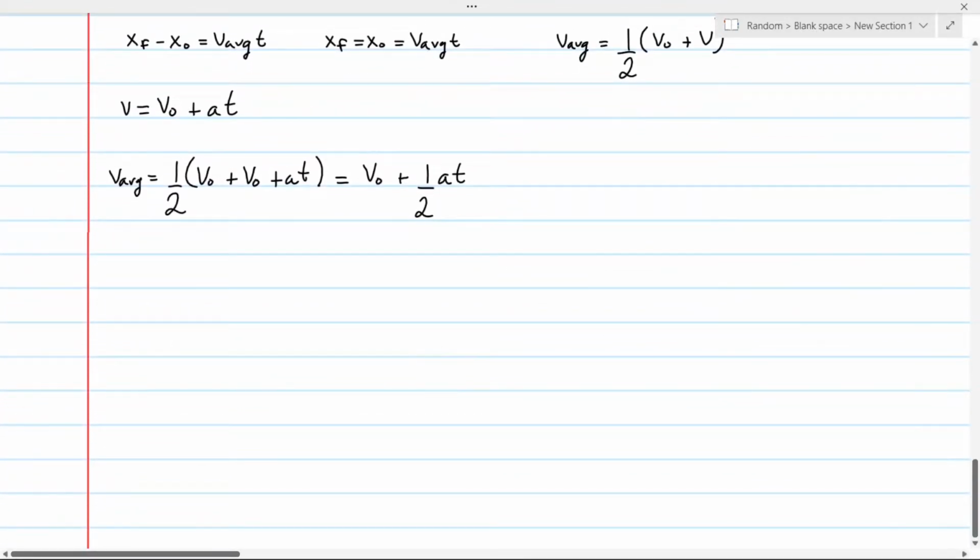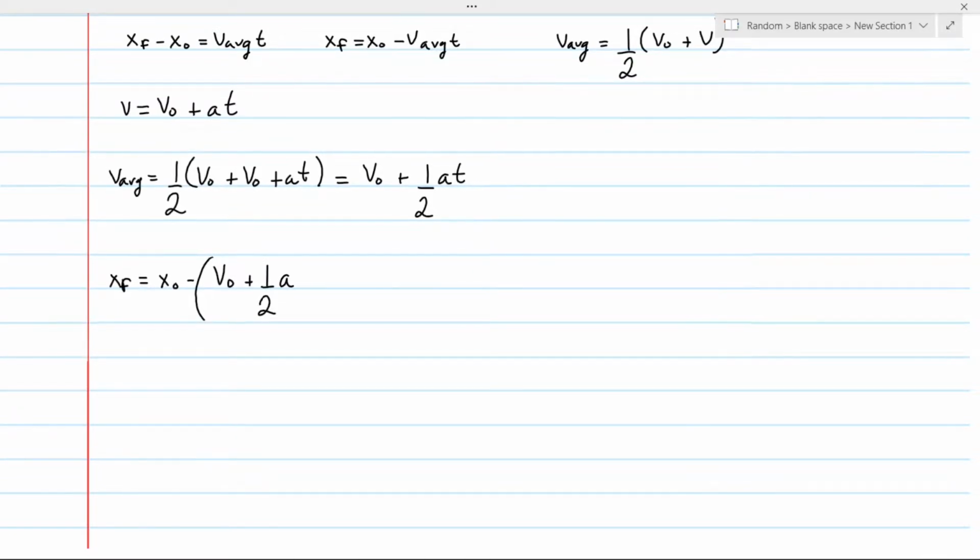If we then put this result into the position function, this yields the kinematic equation for position.